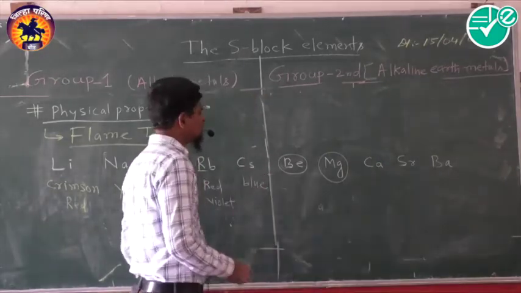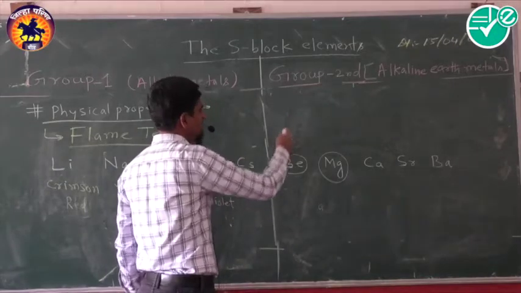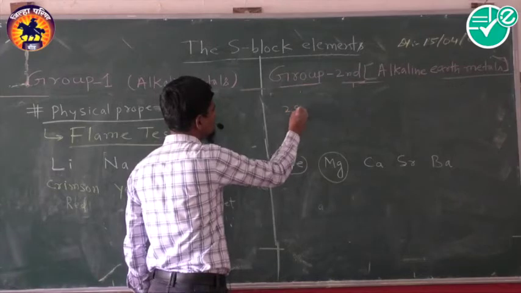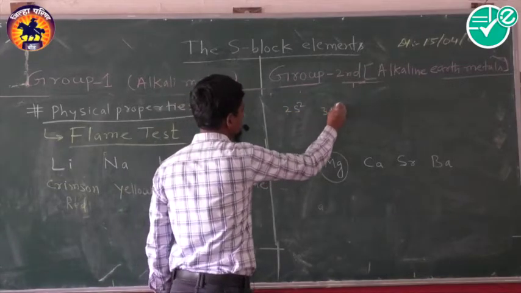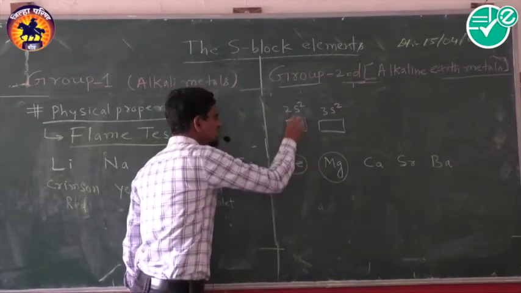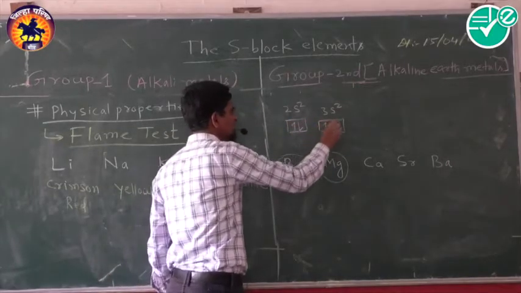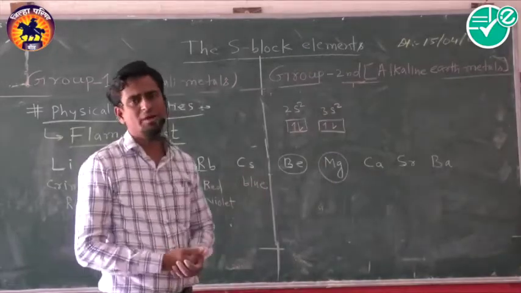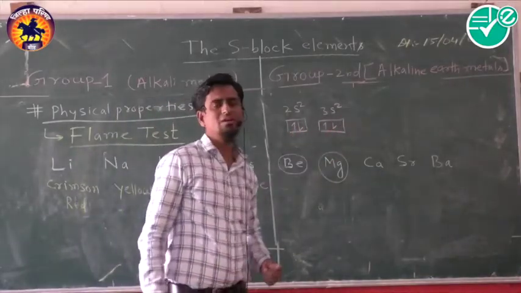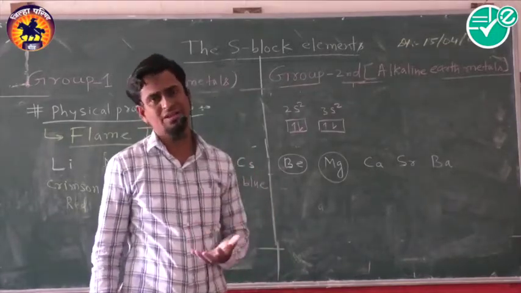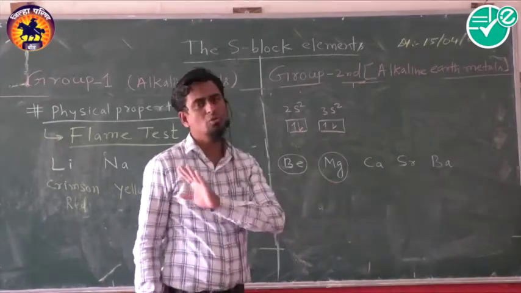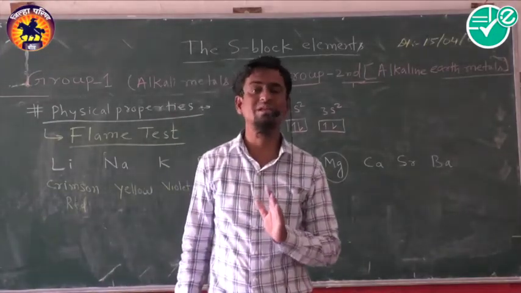Their electronic configuration is 2s2 and 3s2. These electrons are paired. For removing or exciting these valence electrons, they require more amount of energy. So beryllium and magnesium do not show any color in the flame test.